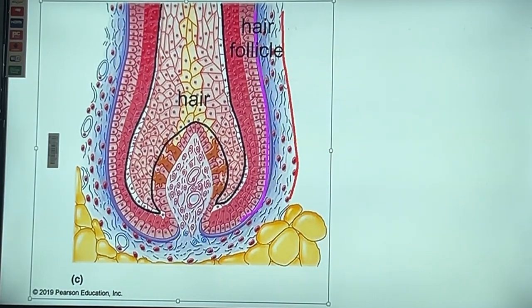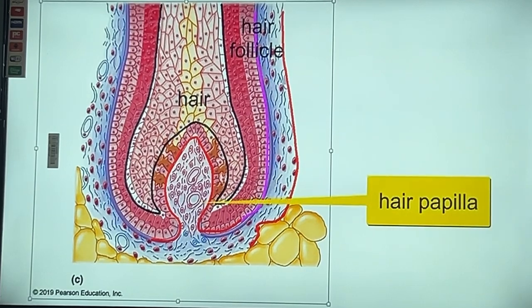And so just like the epidermis and the dermis, let's take a look at this connective tissue that's surrounding the hair follicle. Notice how the connective tissue juts in to the bottom of the hair. That's just like a dermal papilla. It's called hair papilla, and this is the area where the blood supply comes into the hair follicle.